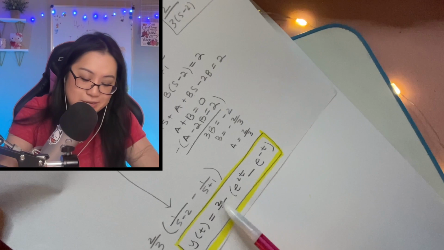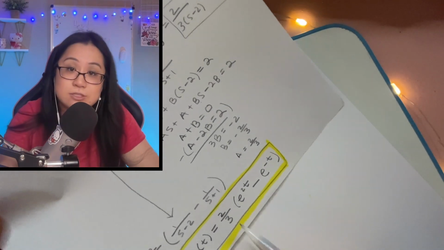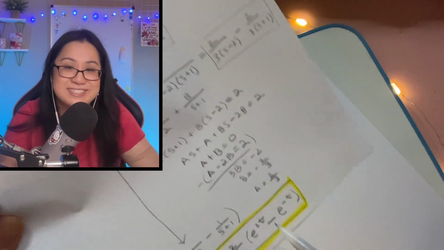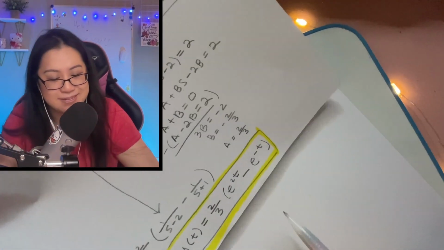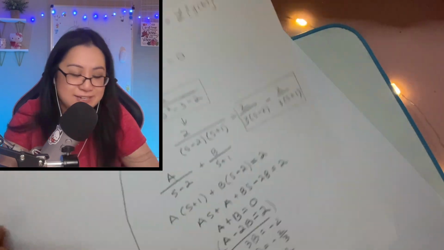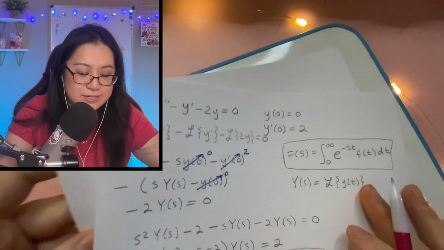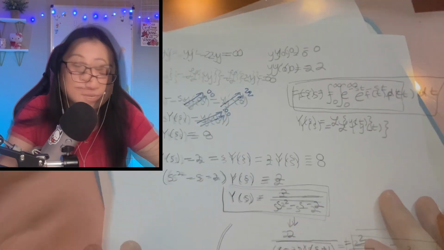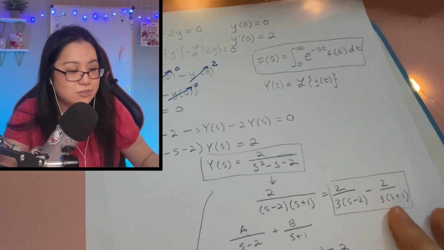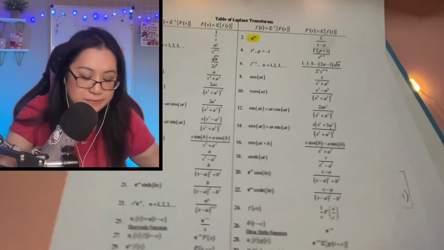So the main part would be this 2/3 that I would have to check, but it looks promising. So I think we did well. I think this is correct. I would kind of try to trust myself here, but we're going to go ahead and check that in another video.